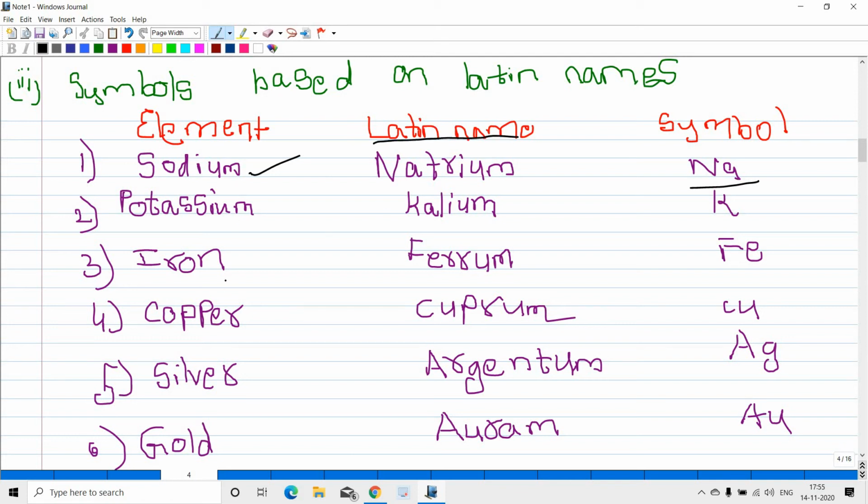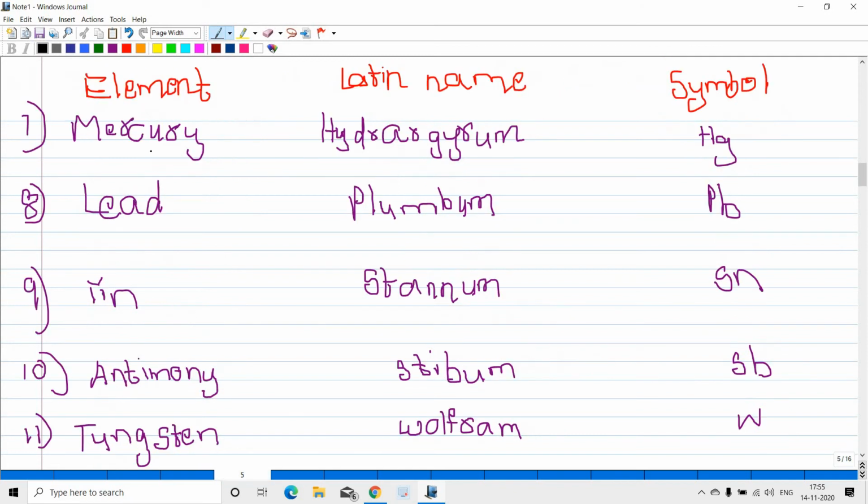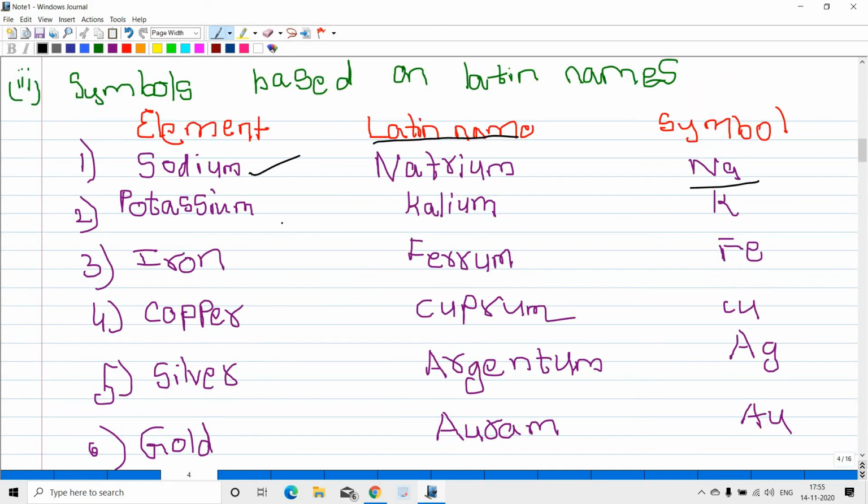Sodium, potassium, iron, copper, silver, gold, and another five: mercury, lead, tin, antimony, tungsten. These 11 elements have Latin names. First, I will read them. Sodium, natrium, symbol Na. Potassium, kalium, K. Iron, ferrum, Fe. Copper, cuprum, Cu.